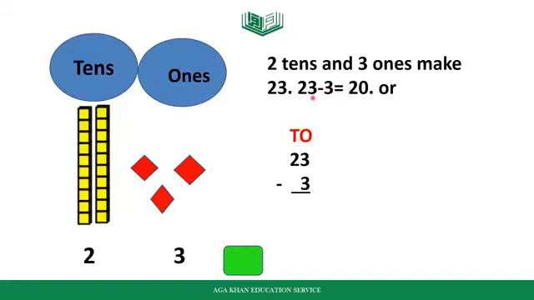We have done this in addition, and likewise we will do the same in subtraction. Horizontally and vertically, we will do both ways. So here 23 minus 3 is equal to 20. We put a place value here as well. We will write O on 3 and T on 2.